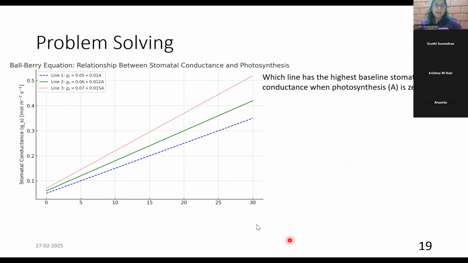I have given the line equation also, and the graph is also here. This is the Ballberry equation for one plant.